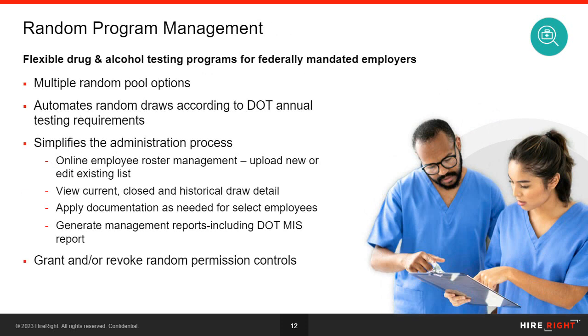Random program management is really a key element of this. First of all, as your organization grows, you might add terminals, you might be adding a lot of drivers. There undoubtedly is going to be more complexity required within your organization.